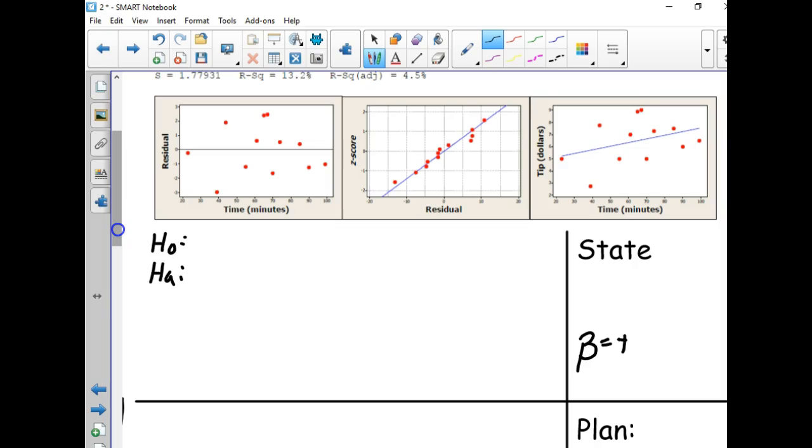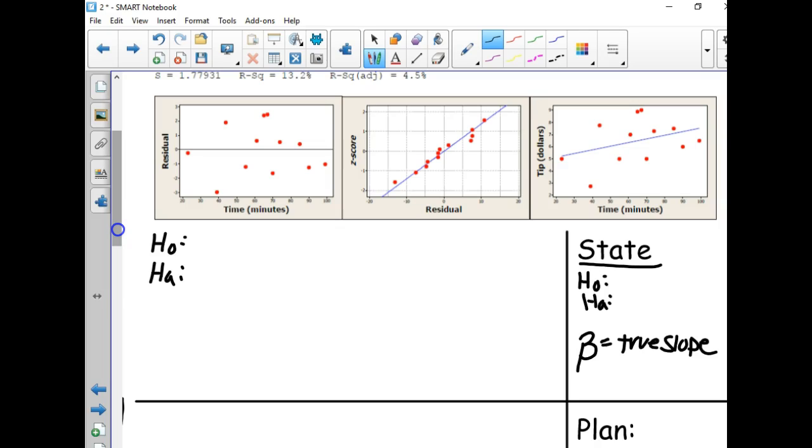This is your true slope. Just like we would have our true population proportion or our true mean of the population, now we're dealing with our true slope. So in the state part, what I'm expecting is a null, an alternative, and then your beta.